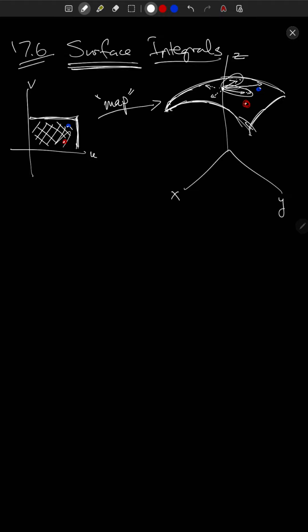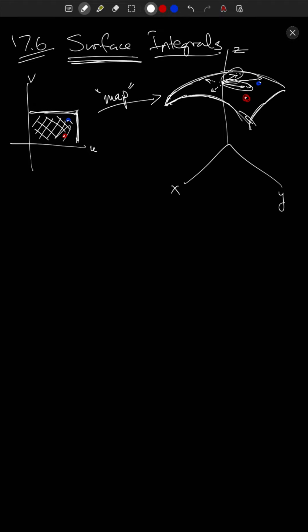This is kind of good because we used the same notation when we talked about change of coordinates. We started with our native coordinate system in terms of X and Y, and if we didn't like how to integrate in terms of X and Y, we converted to U's and V's. So here we're keeping consistent with that idea. A lot of the stuff we're going to do here is an extension of that change of coordinates business.